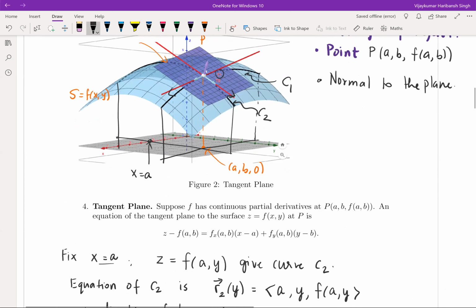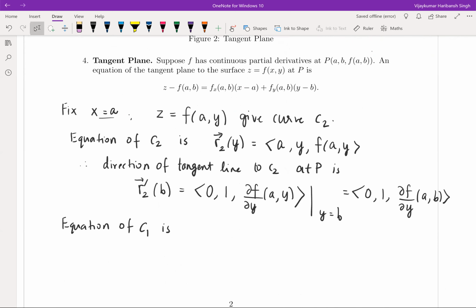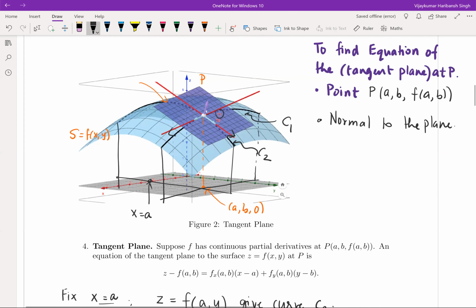So let's find out the equation of curve C1 is R1 of x. The first coordinate is x, which is changing. Y coordinate is b. So we fix y equals to b, isn't it? Along this line here, we have y equals to b. Along this line, we had x equals to a.